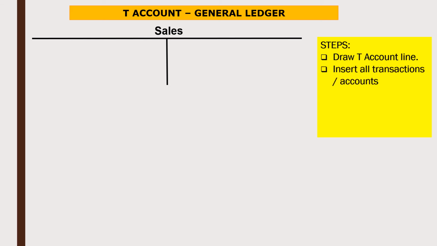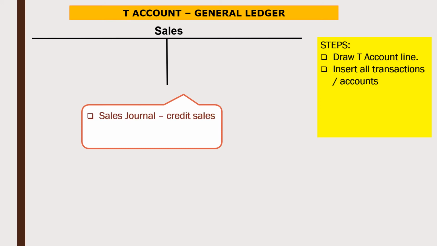The second step is to insert all transactions or accounts. For sales, the journals involved are, firstly, sales journal for credit sales.